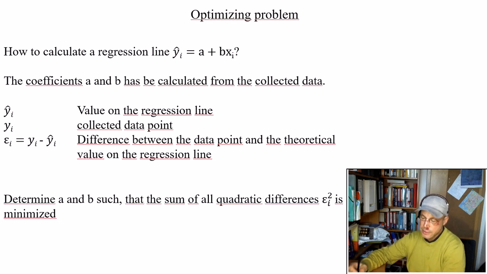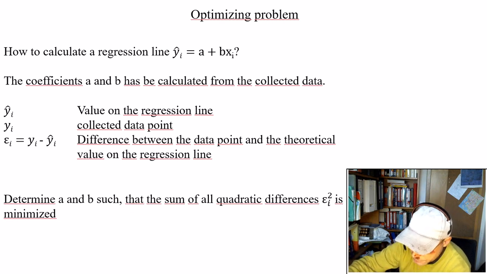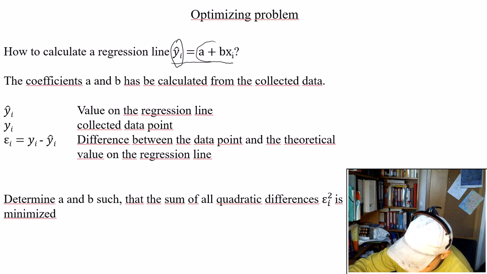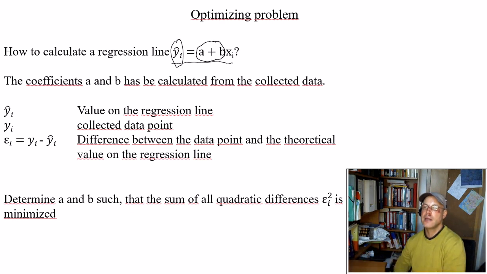So in general, we want to have, so to speak, a best fit, that is our value we want to estimate for, in our case, x is 30. What would be then our y? And these two coefficients, a and b, we want to calculate from our data set.